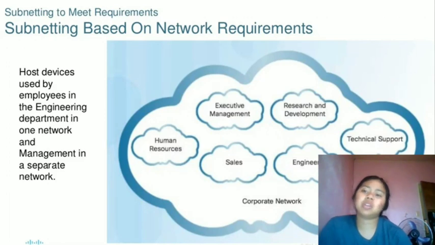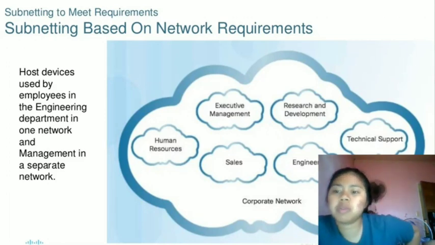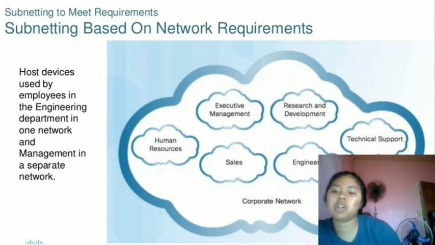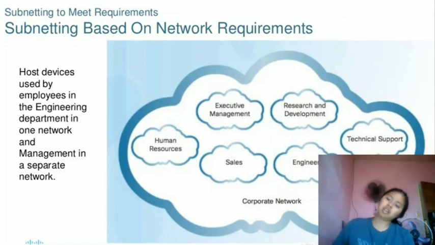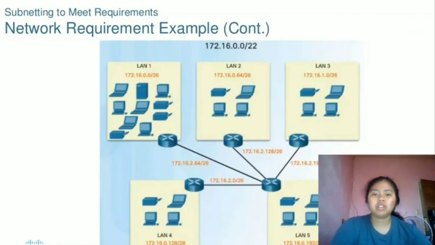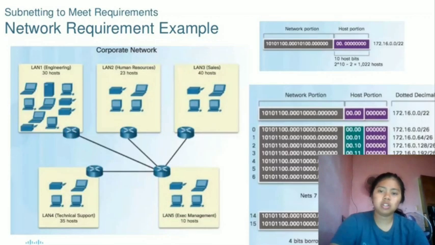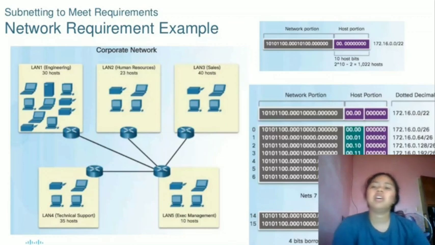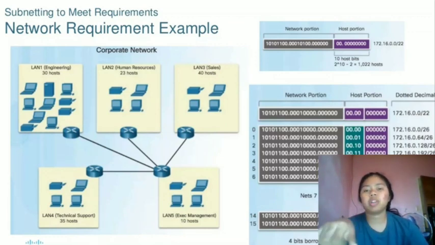Subnetting based on network requirements. Host devices used by employees in the engineering department are in one network and management in a separate network. Network requirement example. These are examples of a corporate network or network requirement.